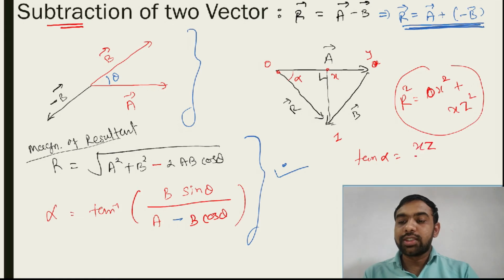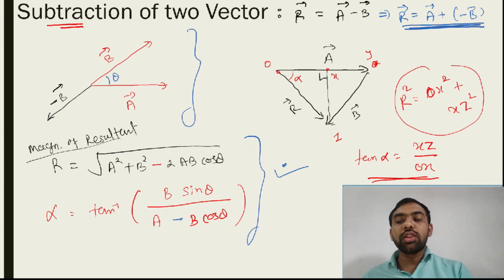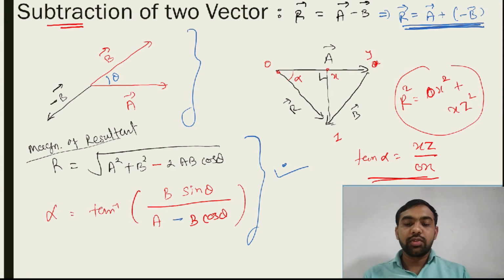Tan alpha is equal to XZ upon OX. So you put in all these values, and you get the final answer. Try to solve this problem by yourself, but that is the result. Then after calculating you get this answer. All of you guys note this one, then we go to the next. Okay, note it. And now you can draw this using the parallelogram, and you get the answer.